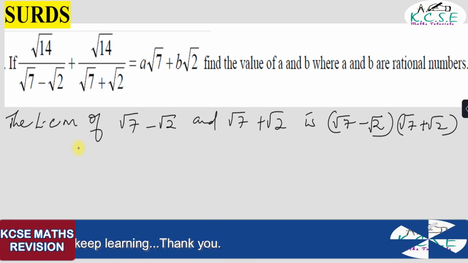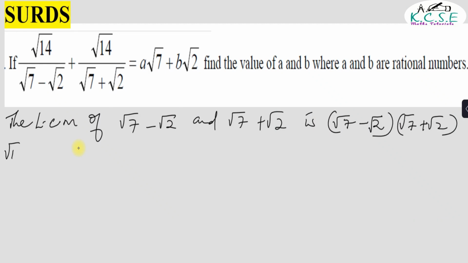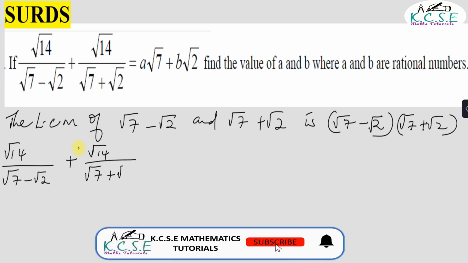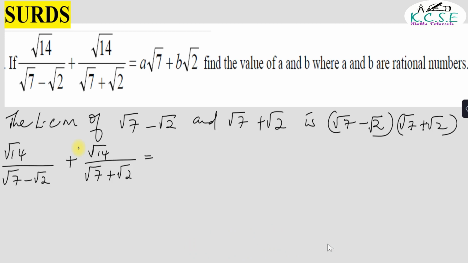So we take these fractions, root 14 divided by root 7 minus root 2, add root 14 divided by root 7 plus root 2. Obtain the least common multiple, which is given by root 7 minus root 2 and root 7 plus root 2.